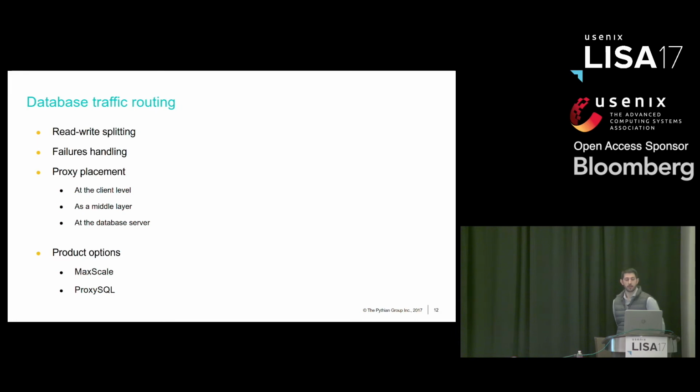At the same time, having the proxy on the client level is definitely an option. But you will have to modify your provisioning process to include the proxy, and also have your configuration centralized somewhere, so all your applications are running the same version of your proxy configuration. So in this case, we went with a middle layer.